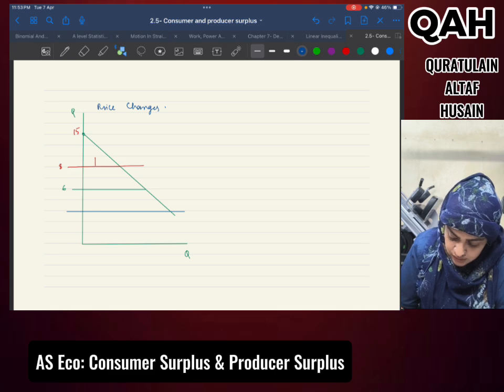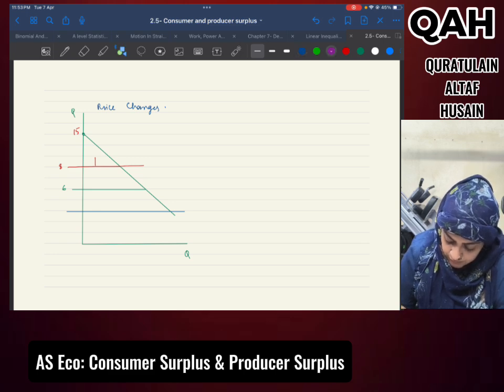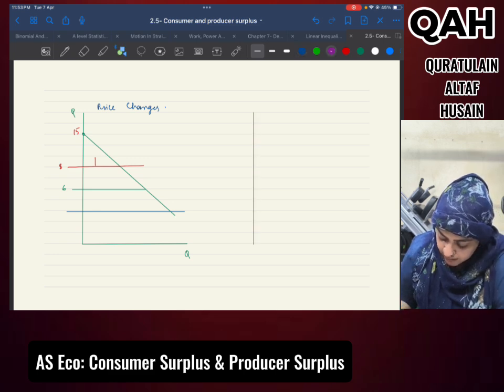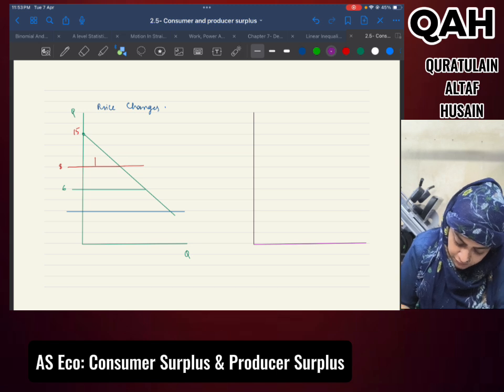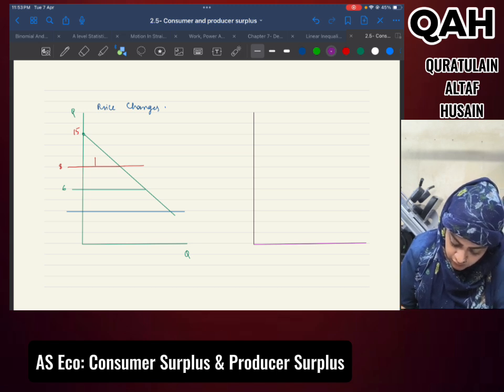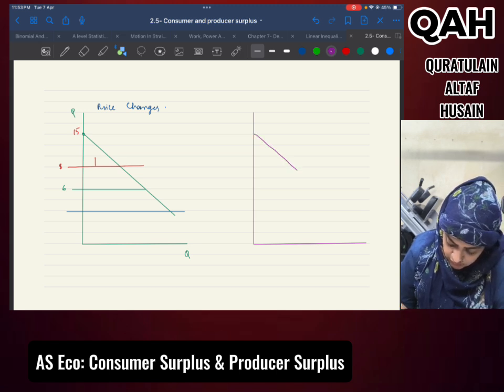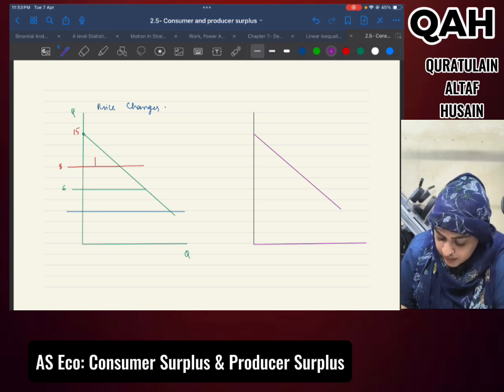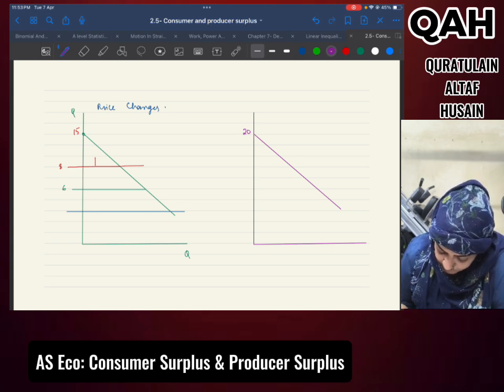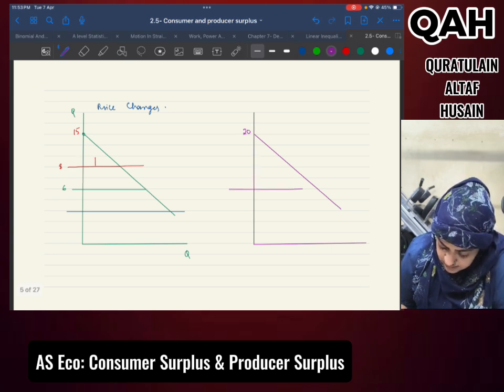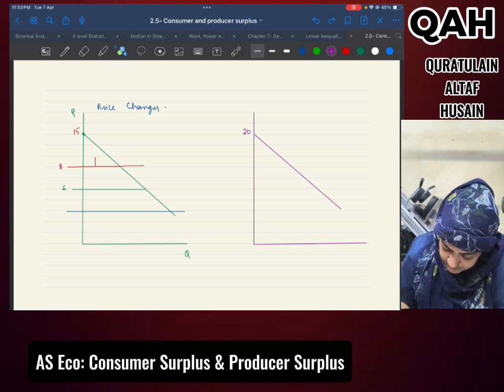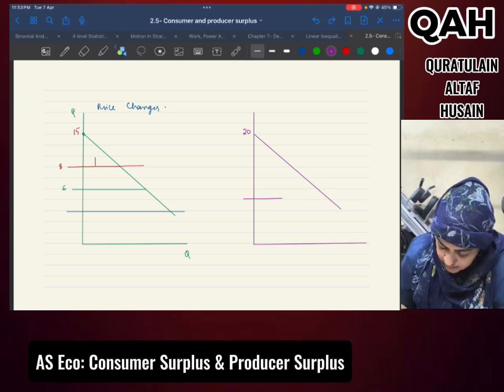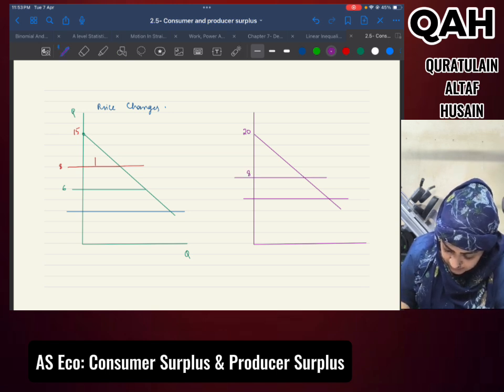And scenario number two is when the willingness of the consumer to pay changes. Initially the willingness of the consumer to pay was 15, but now willingness to pay becomes 20 and the price is, suppose, 6. At one time the price is 8. Let's calculate. This is 8 and this is 6.